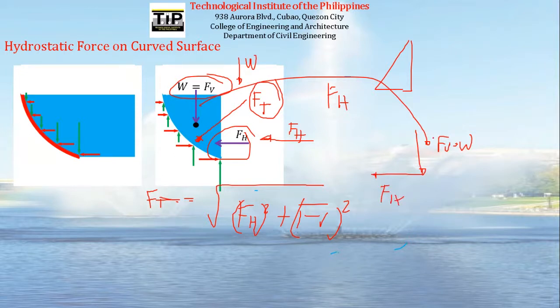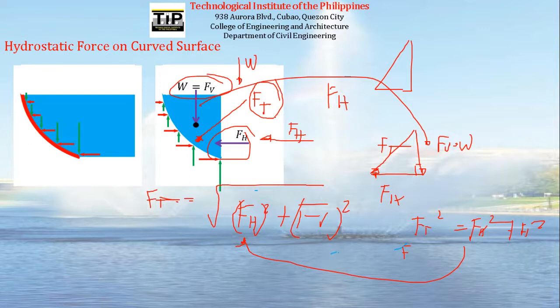And then our hypotenuse is F sub T. Right? So this is a right triangle. We can use the Pythagorean theorem. So F sub T squared equals F sub H squared plus F sub B squared. And then you square root both sides. So this will become this equation. Okay? So that's how we determine the resultant force for a curved surface.